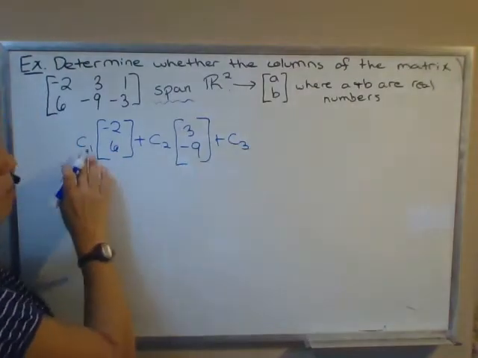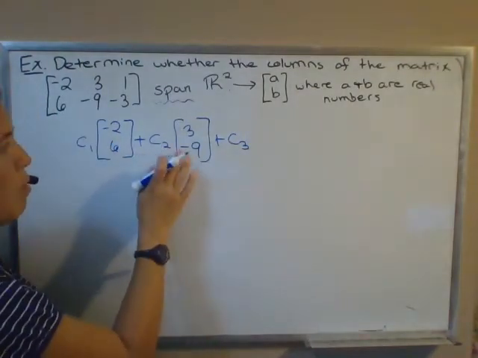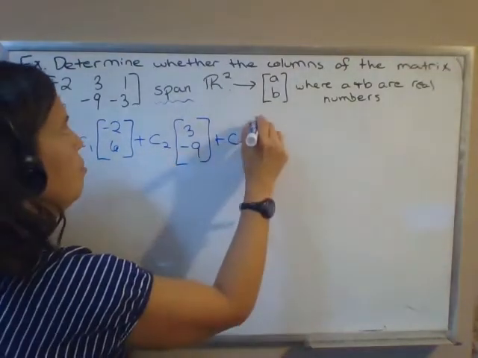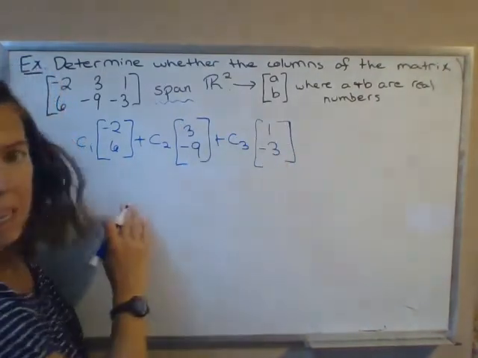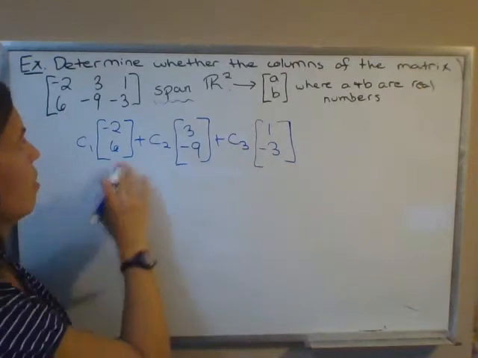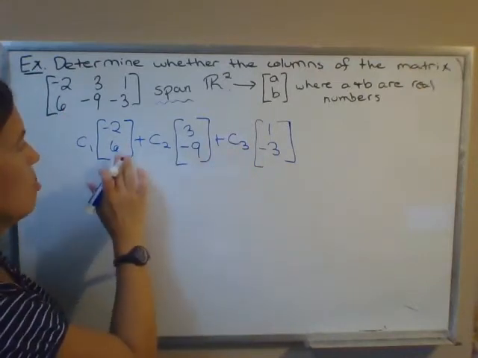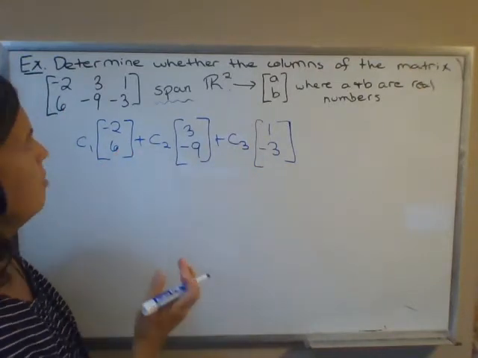So it's just some number times the first column, plus some number times the second column, plus some number times the third column. So this is what's meant by a linear combination of the columns, a number times each column, and then you add them together.